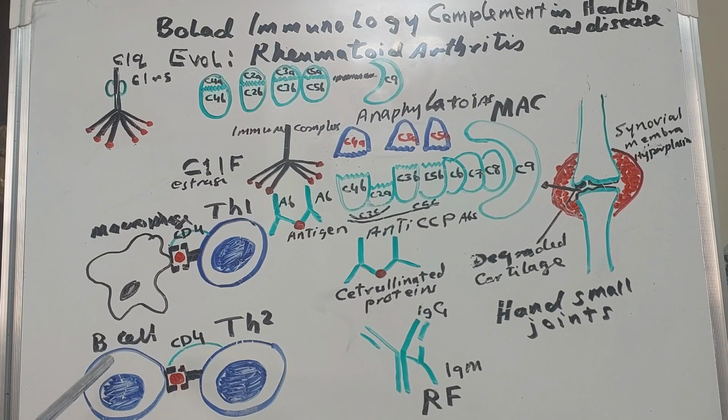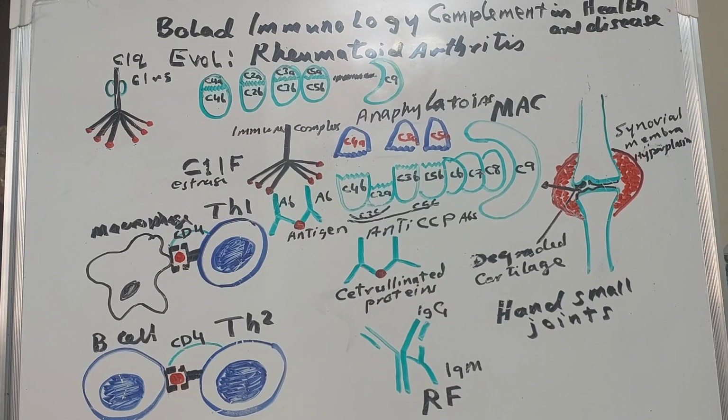So the B cell now processes the antigen and presents it in association with major histocompatibility class 2 to T helper 2. This leads to activation of T helper 2, and activated T helper 2 produces some cytokines, for example, interleukin 4, which is a growth factor for B cells, and so B cells get activated and differentiate into memory B cells and plasma cells.